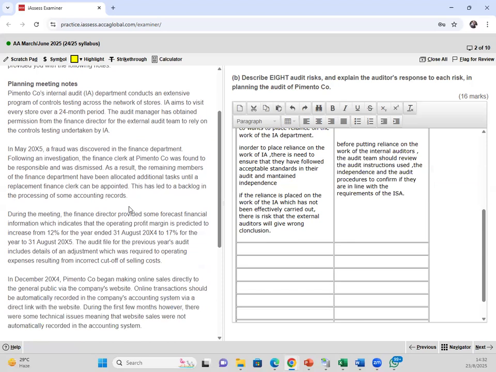Let's move on to the second paragraph. In May 20X5, a fraud was discovered in the finance department following an investigation. So a fraud was discovered. They will, in most cases, give you this, where a fraud has been discovered.